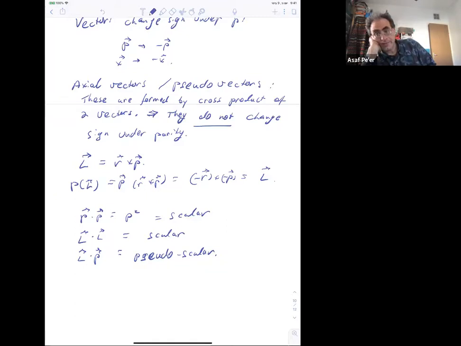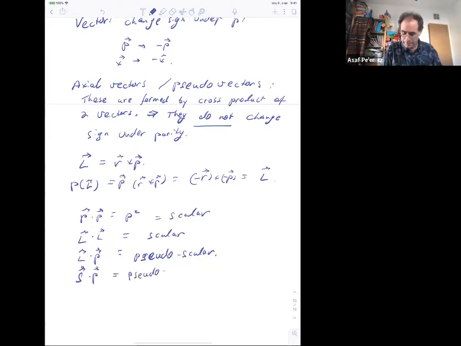A scalar under parity doesn't care, it's just a number. But the pseudoscalar does change sign under parity. So the classical example, not just L dot p, but S dot p. So what quantity that we discussed is proportional to S dot p?